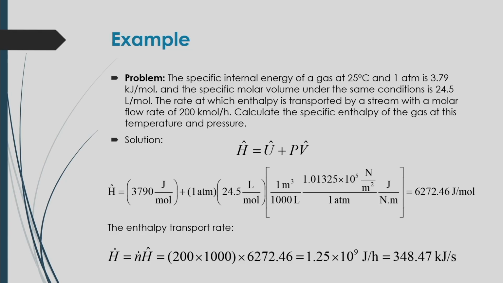Now, we know that the specific enthalpy is defined as the summation of specific internal energy plus P into V hat. According to this equation, you substitute the specific internal energy given in this problem, and the pressure of 1 atmosphere, which you have to convert to Newton per meter square, and also the volume.